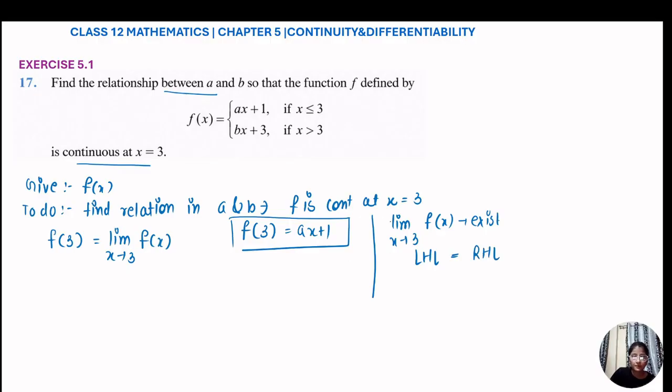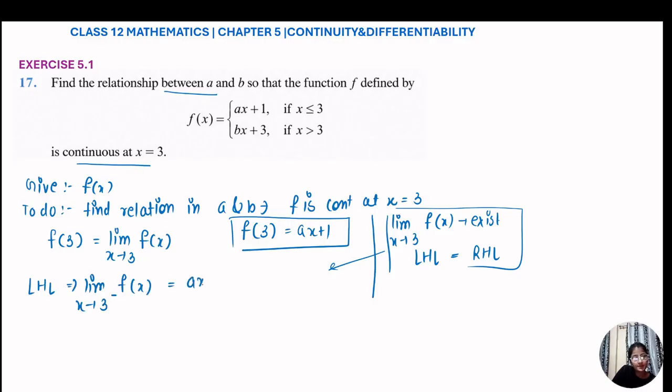So what is our left hand limit? Our left hand limit will be limit of x tends to 3 minus of f of x, which is ax plus 1, so in place of x we write 3. Similarly, our right hand limit will be limit of x tends to 3 plus of f of x, which will be 3b plus 3.